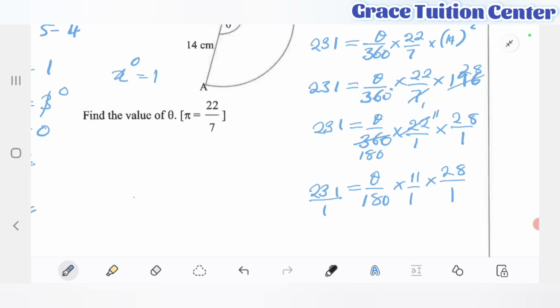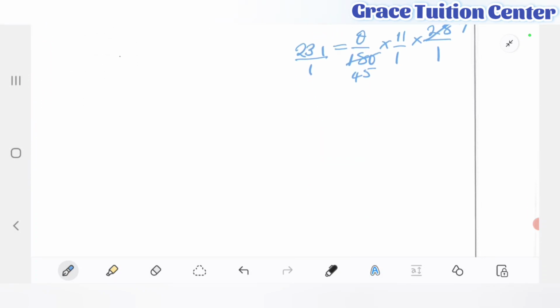I think 4 into 28 goes there 7 times. 4 into 180 goes there 45 times. Yeah. So now we can carry on, simplify this way.